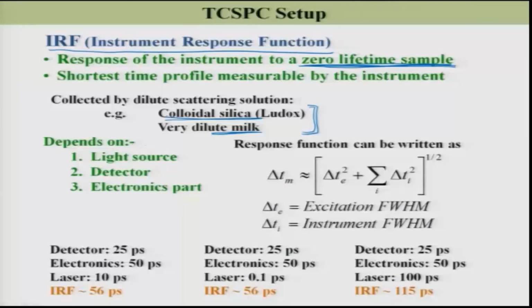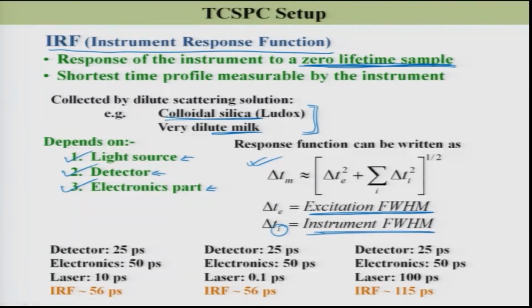As I told you, this instrument response function depends on the light source, the detector, and the electronics part. Here is my CFD, here is my PMT, and here is my laser. That can be written in such a form, where delta TE is my excitation FWHM, this is the laser part, and this is the instrument part.